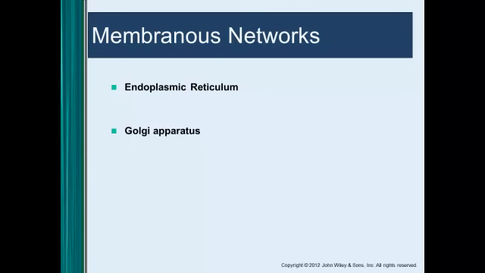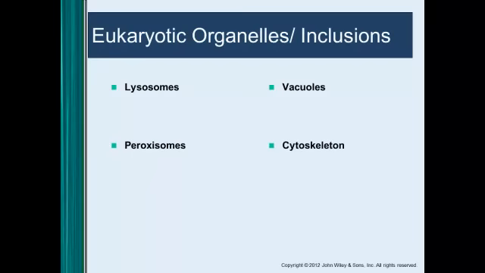It can package these substances into small segments of membrane called secretory vesicles. The secretory vesicles fuse with the plasma membrane and release secretions to the exterior of the cell. The Golgi apparatus also helps to form the plasma membrane and membranes of the lysosomes.